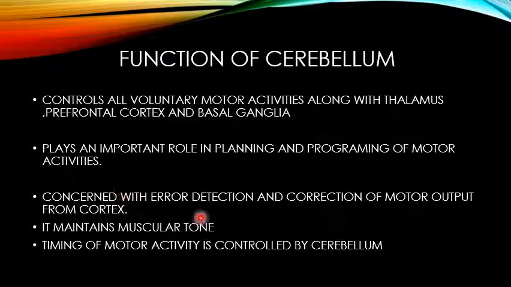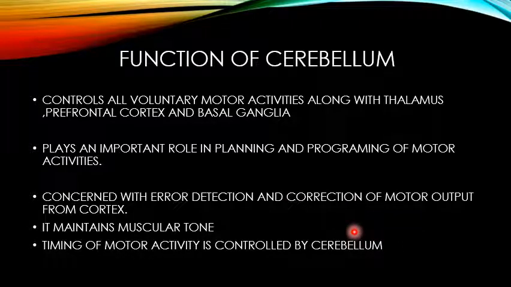Third, it is concerned with error detection and correction of motor output from the cortex. Fourth, it maintains muscular tone, and the timing of motor activity is controlled by the cerebellum. We may wonder what the importance of this is.